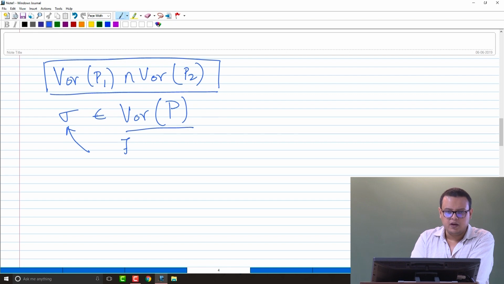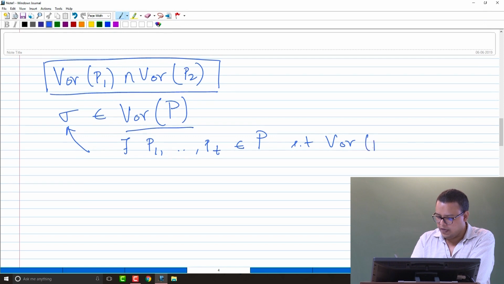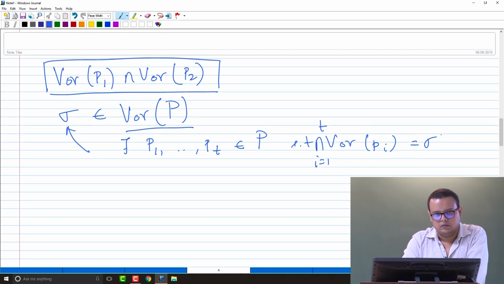For each face sigma, there will exist some P1 to Pt in capital P such that the intersection of Vor Pi, i equal to 1 to t, will be equal to sigma.